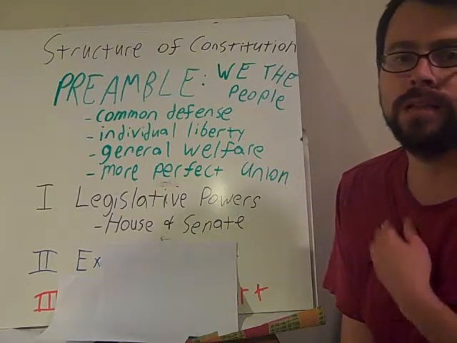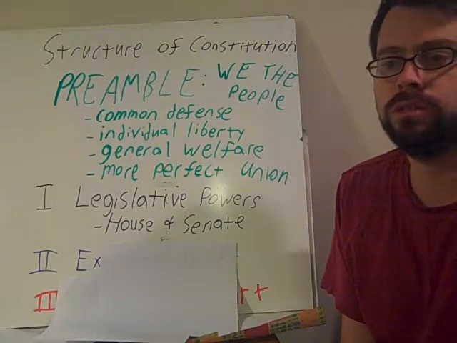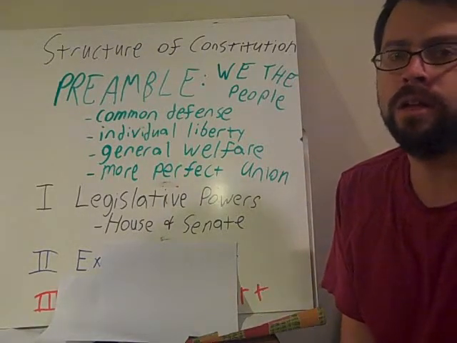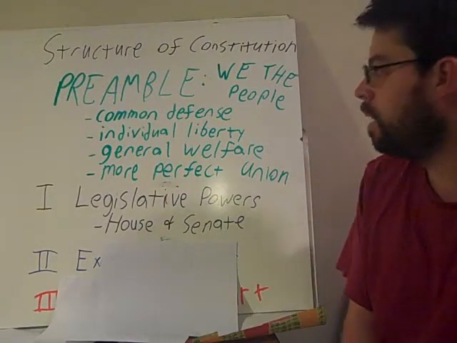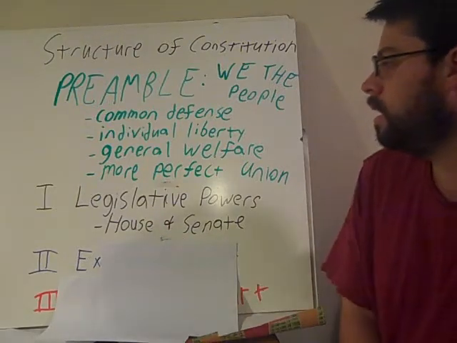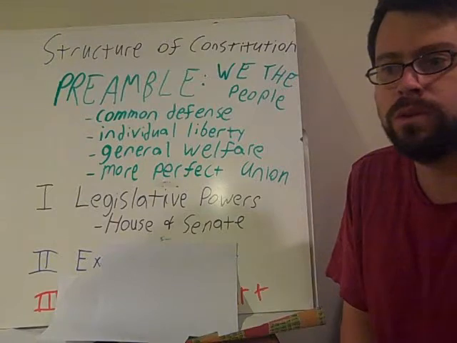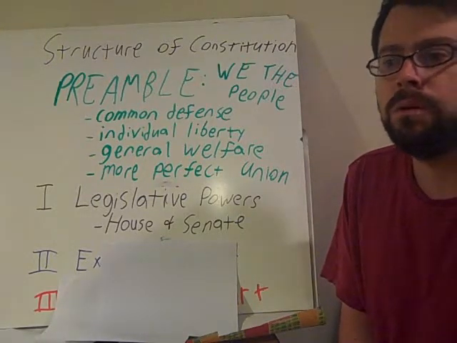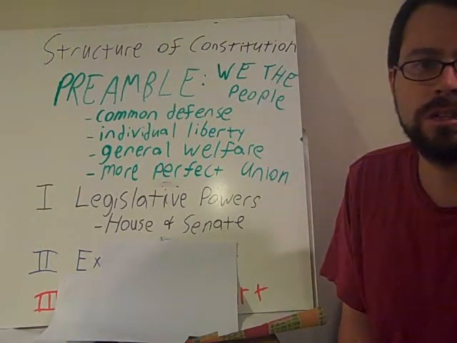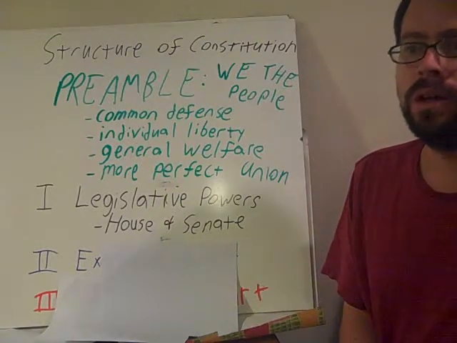But the House of Representatives is the most close connection that people have to the federal government in many regards. So, first thing that is set up is the legislative powers, what powers the Congress will have. We'll have a whole lesson on the powers of Congress. We'll go over that extensively.